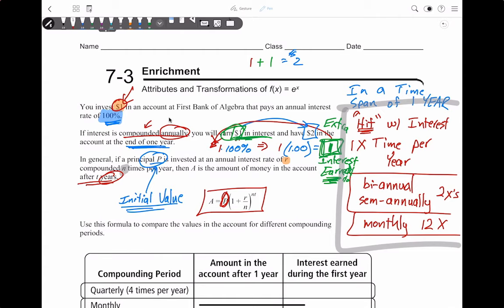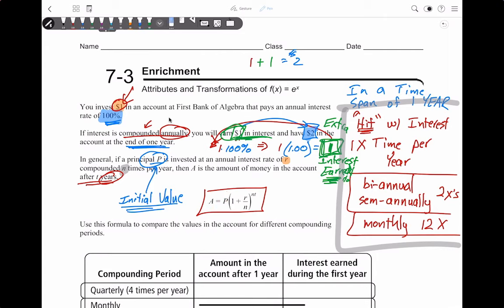That's what you got afterwards. But the total that you get, this $2 that you have at the end of the year, that would be the A over here. All right, so that's how you do the interpretation of compound interest with this equation.